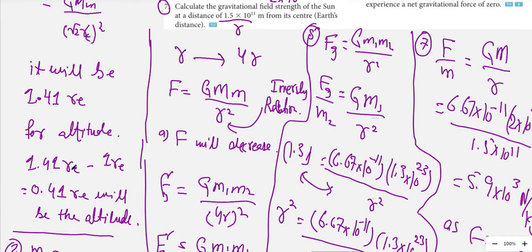So 1.41 R_E minus 1 R_E will give us 0.41 times the radius of Earth, which will be the altitude, because altitude is from the surface of Earth to some height. So it will be 0.41, and that's it.